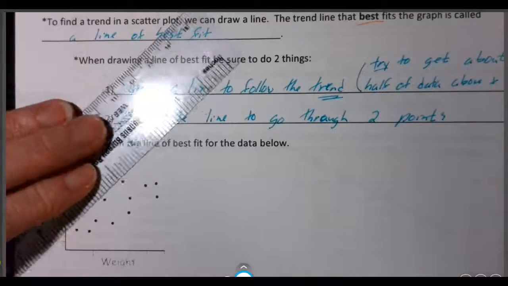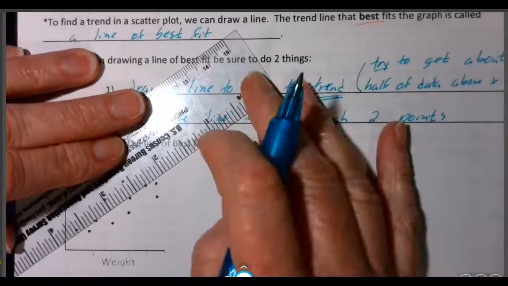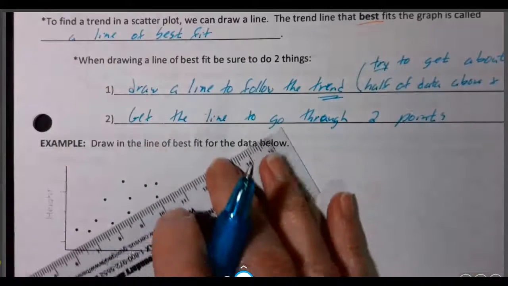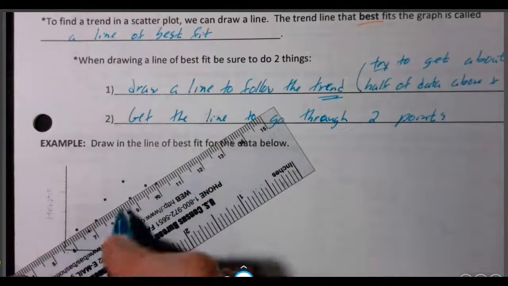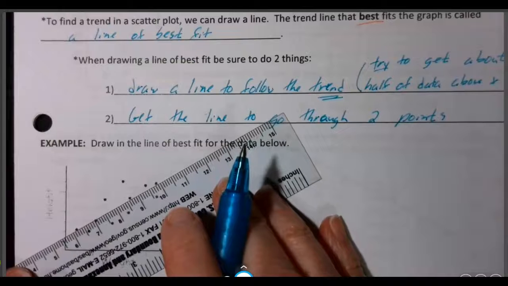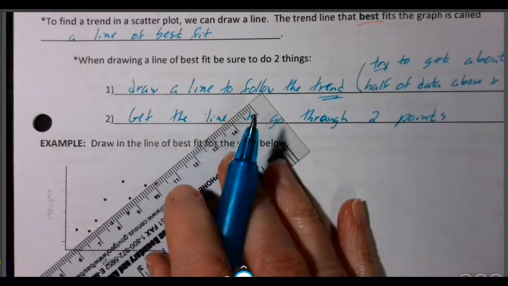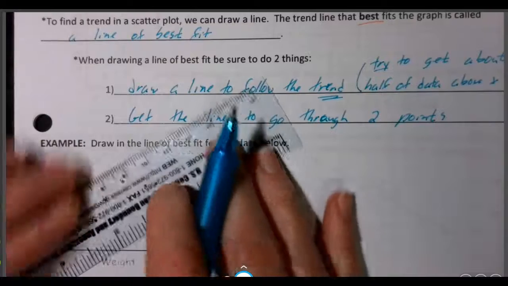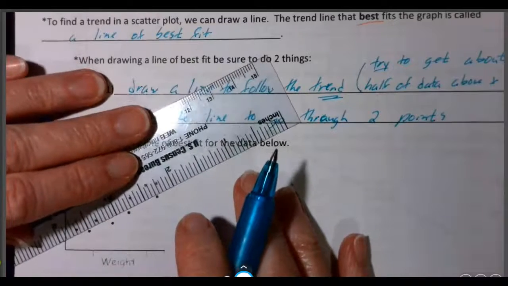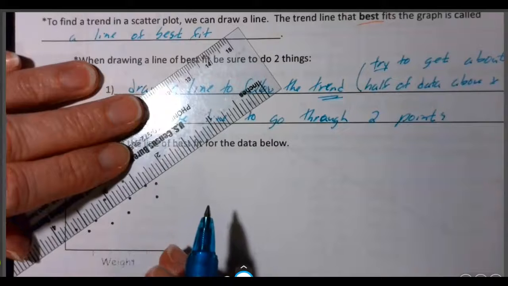So try to follow the trend. So we want a positive slope. So let's say, I don't know, play with it. I might choose that line. Okay, can you see that line? I've got some above, I've got some below. Here would be kind of a good line too. See how it hits a couple points there, that point there and that point there. This one is actually a line, but look, there's no data below, so it's kind of far off.